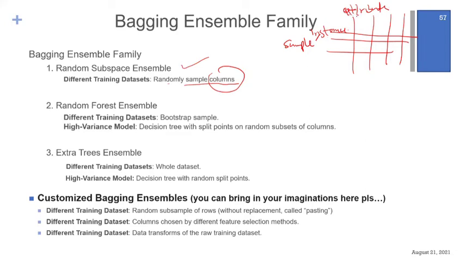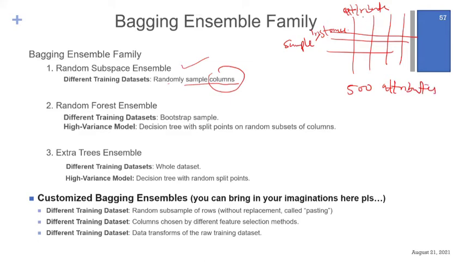Now, the first type of bagging ensemble family is the one where we use different sample columns. This is why bagging is very good when you have high dimensional data. Let's say I have a data set with 500 attributes.